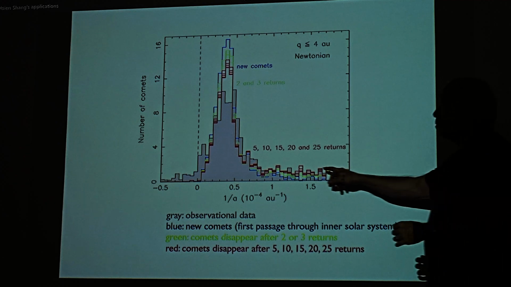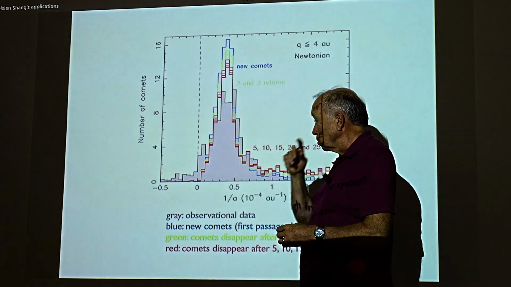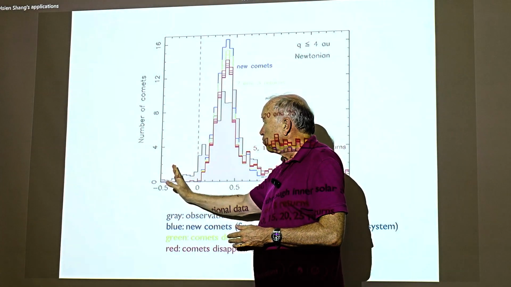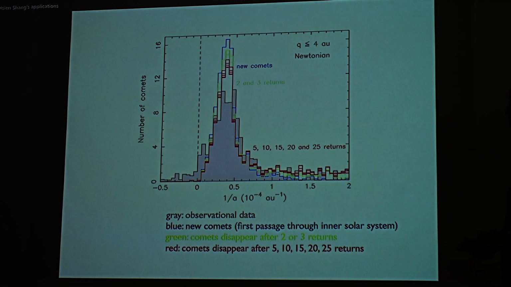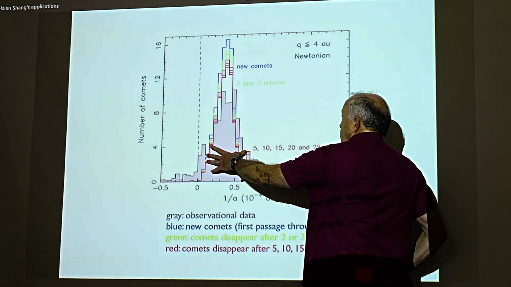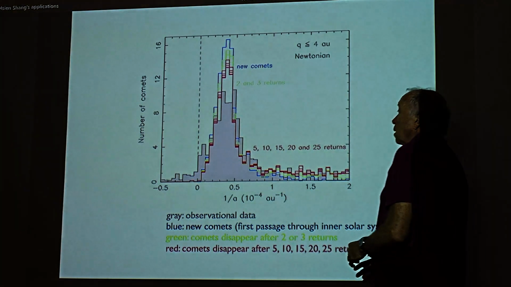The shaded histogram is the observed distribution of original inverse semi-major axes. Again, you can see a small fraction of comets on apparently hyperbolic orbits, but those are probably due to observational errors. Observational errors are sufficient that you should probably shrink this histogram a little bit.